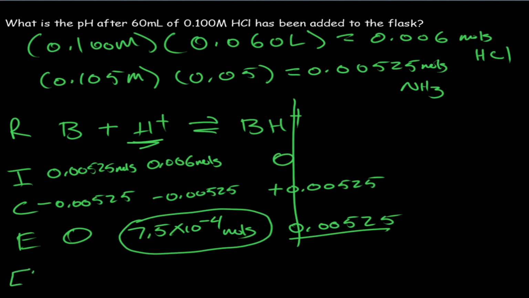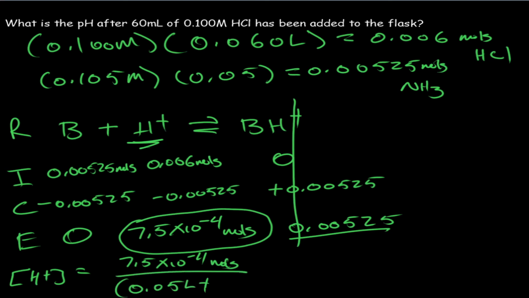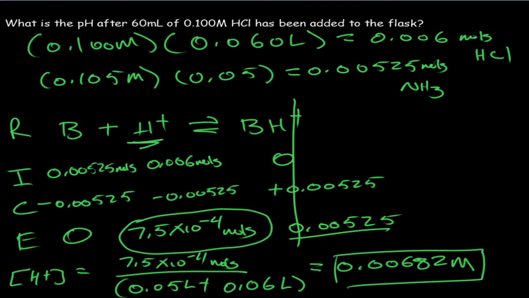So to calculate the concentration of our protons, we first have to get a molarity. We know we have 7.5 times 10 to the negative 4 moles of our protons. But what is the volume? Well, the volume is 0.05 liters that was initially in the flask, and 0.06 liters that we just added to the flask. And that gives us a final concentration of 0.00682 molar. So that is the concentration of our protons.